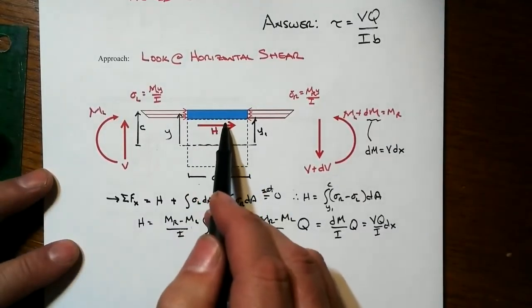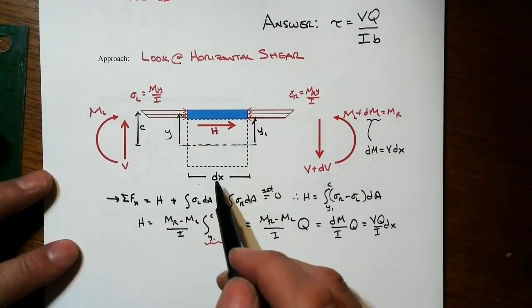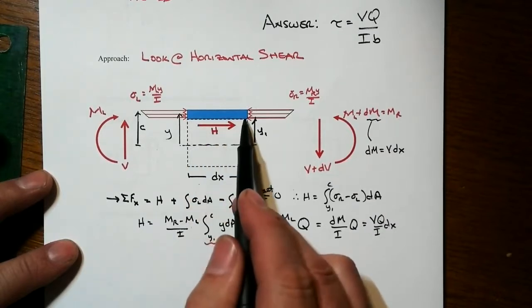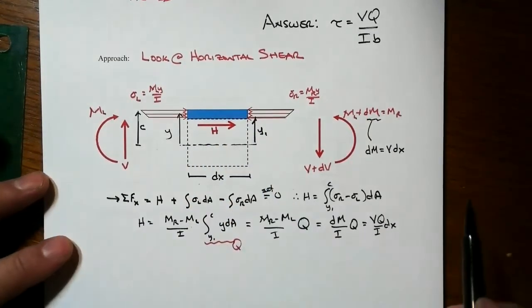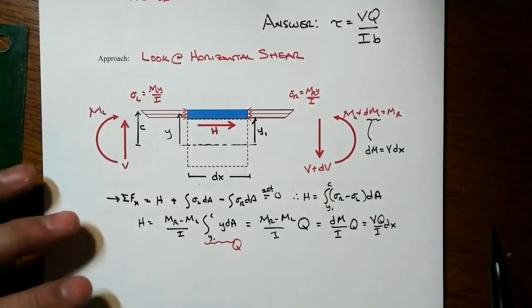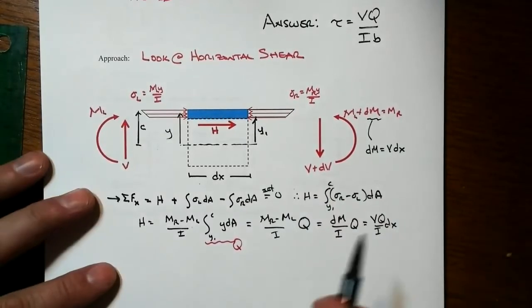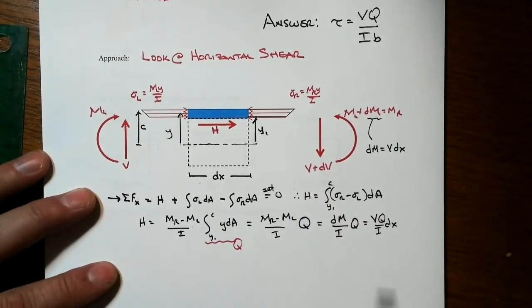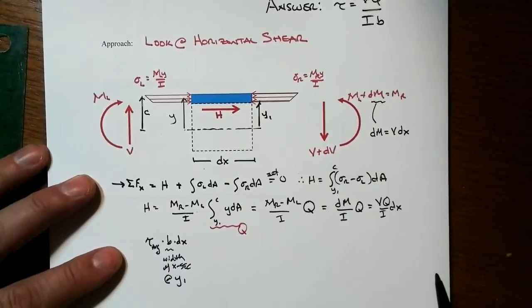This h is going to be spread out in an average sense over a surface area that's dx long, and then in and out of the plane would be this b, or the width of the cross section. Now that's kind of weird, I know, and you'll see it again later on, but what we've got is h is the same thing as tau average times our b times our dx, the width of the cross section at y1, right?